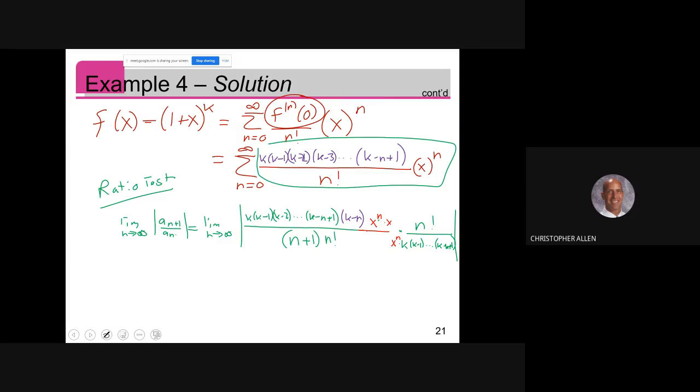The n factorial here is going to cancel the n factorial down there. So now we can quickly jump to the following. The limit as n goes to infinity of, I'm going to go ahead and write the absolute value, I think we had an absolute value of x, and then we're going to have, I think, k minus n over n plus 1, if I'm not mistaken. And I really don't need the absolute value symbol there, but I'll leave it there.